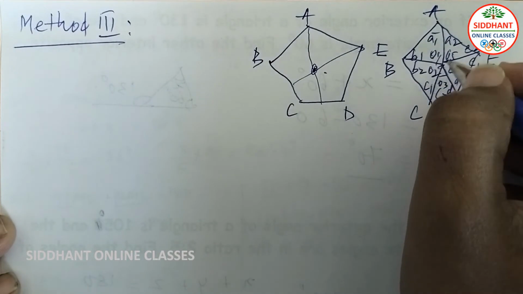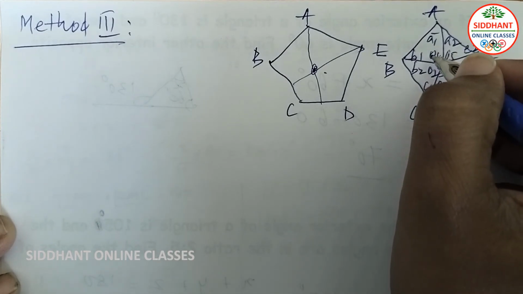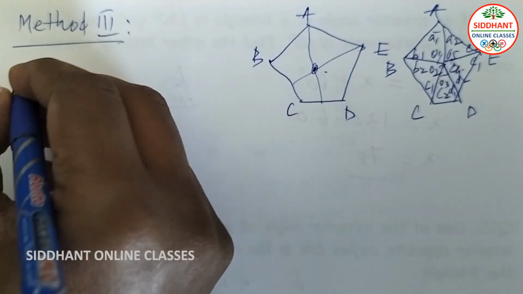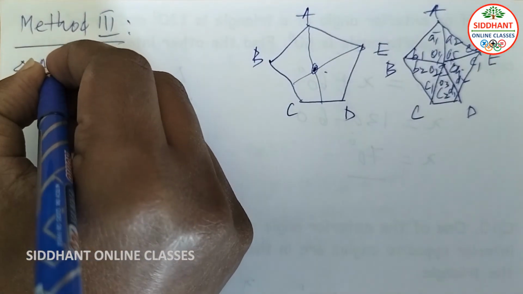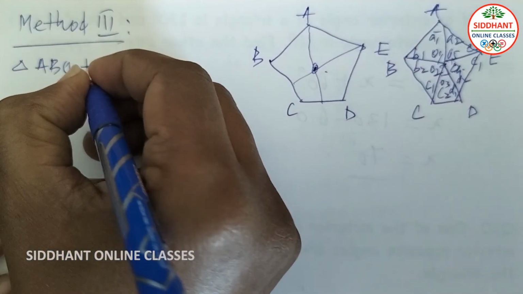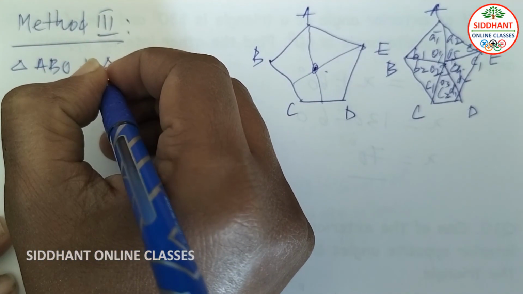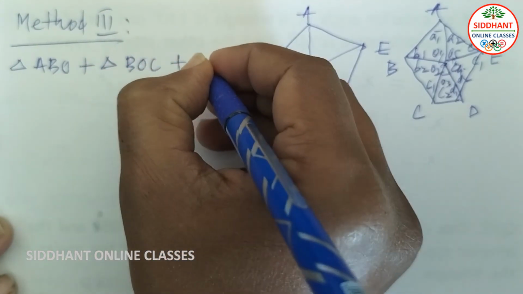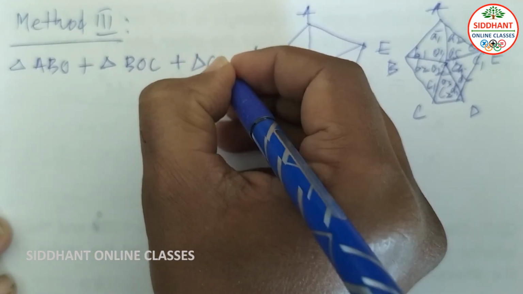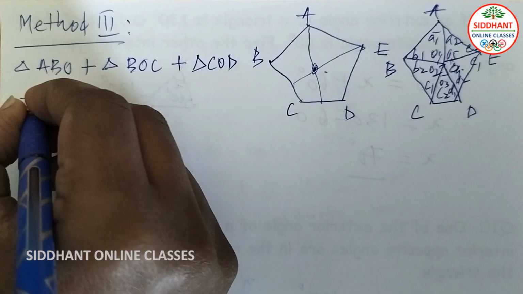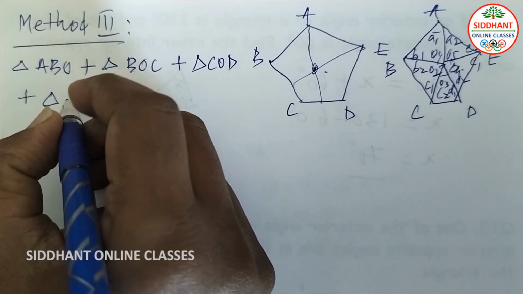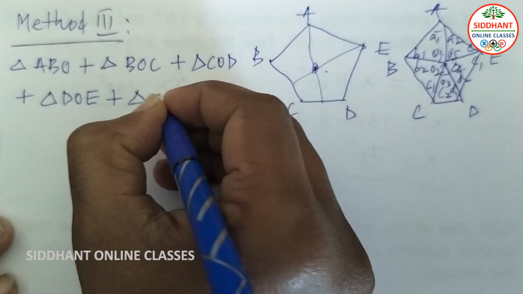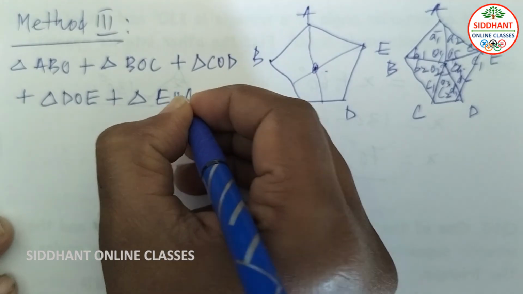So now we are going to see the triangles. 5 triangles are there here, and we know the sum of angles in a triangle is 180 degrees. Now let's take the first triangle: triangle ABO plus triangle BOC plus triangle COD plus triangle DOE plus triangle EOA.